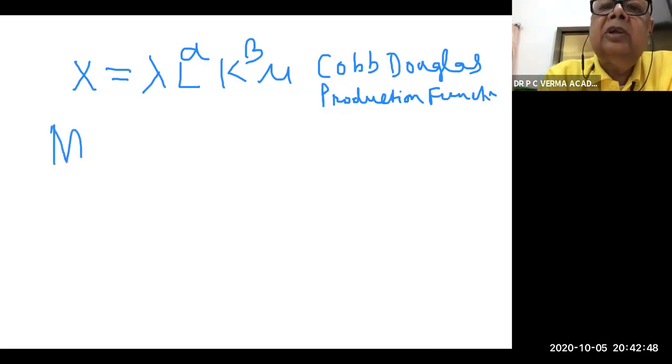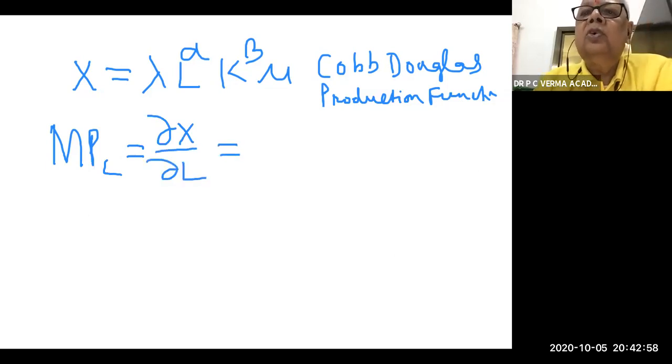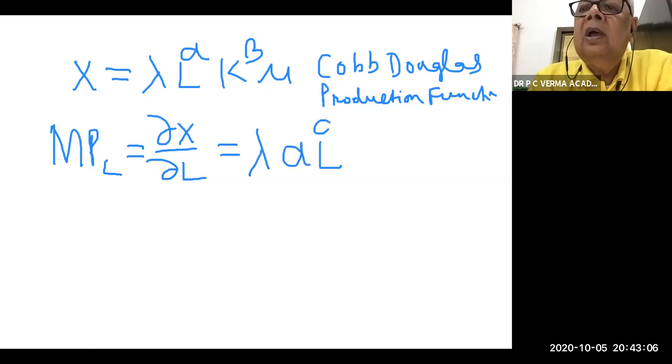Marginal productivity of labor will be equal to del X by del L, which is lambda alpha L alpha minus 1 K beta mu.